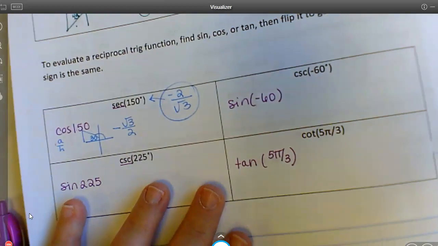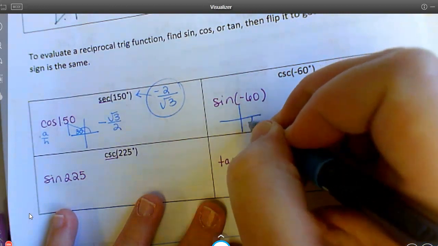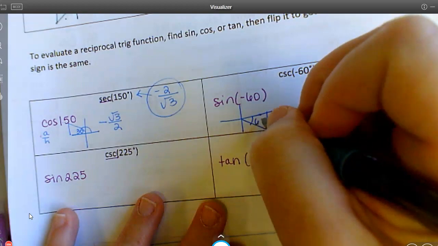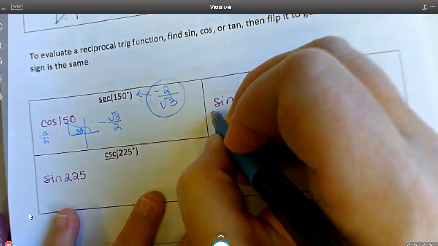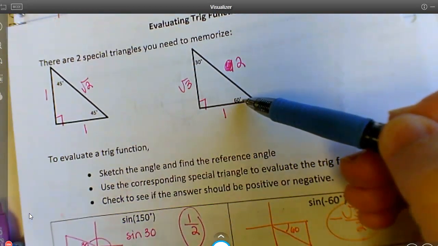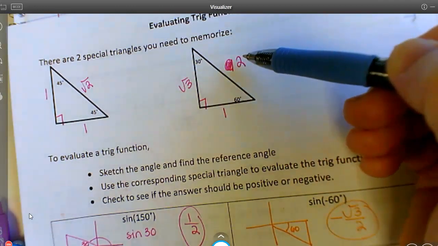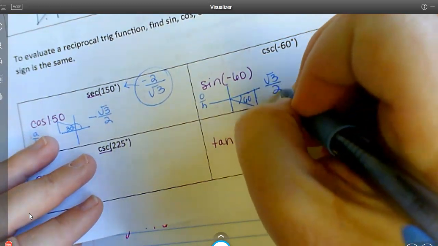Let's look at sine of negative 60. So negative 60, I'm going to go backwards down here. What's that reference angle? 60. Sine is O over H. So O would be square root of 3. H would be 2. So this would be square root of 3 over 2.